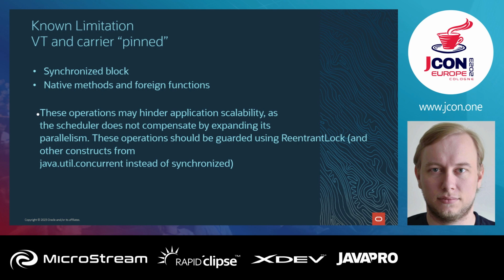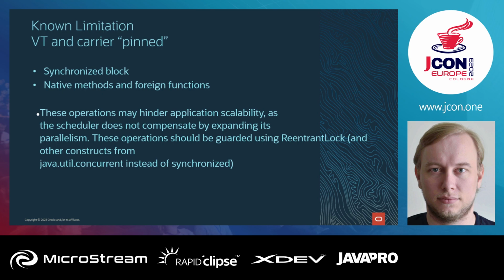Okay, so how to deal with that? How to deal with it in a way that we can have the same functionality as the synchronized block, for example, provides, and use the virtual thread as well? Well, we can use ReentrantLock, or basically any other lock which is present in java.util.concurrent, because these locks are optimized for virtual threads.